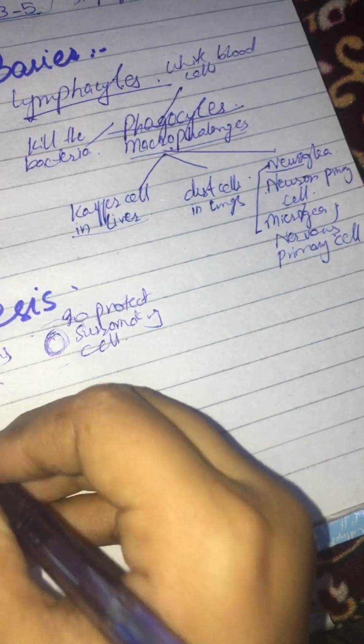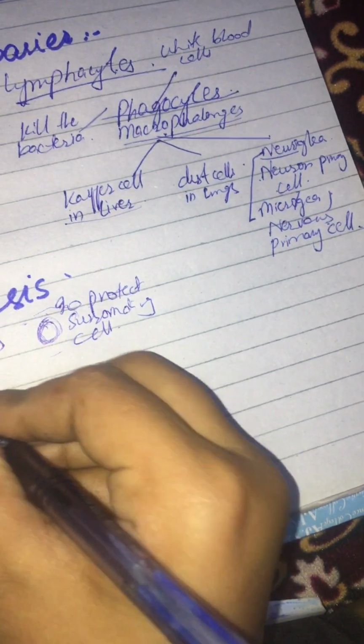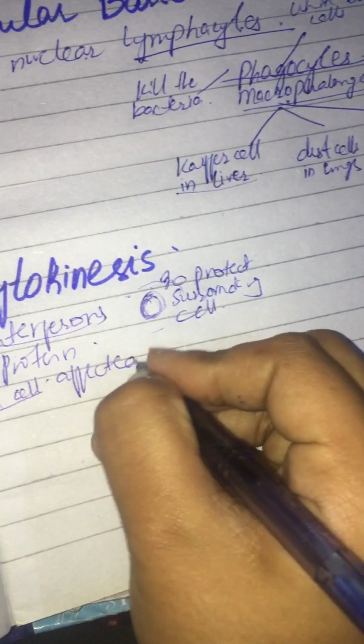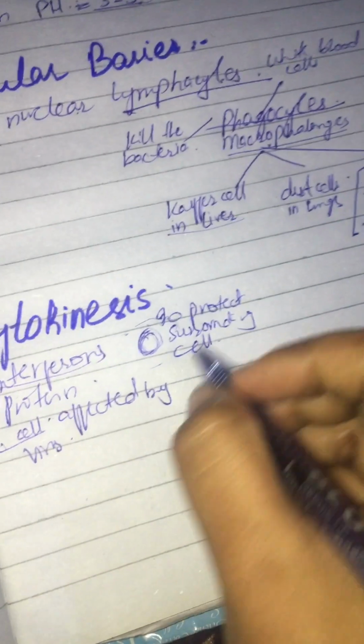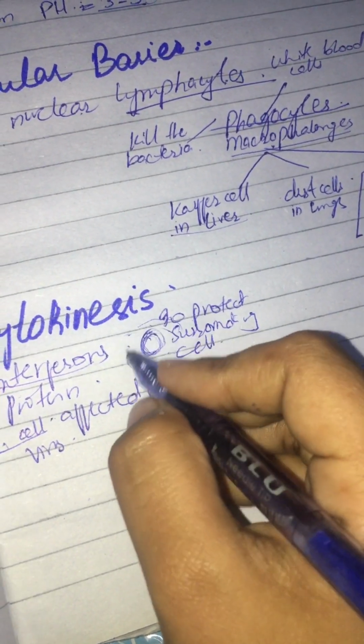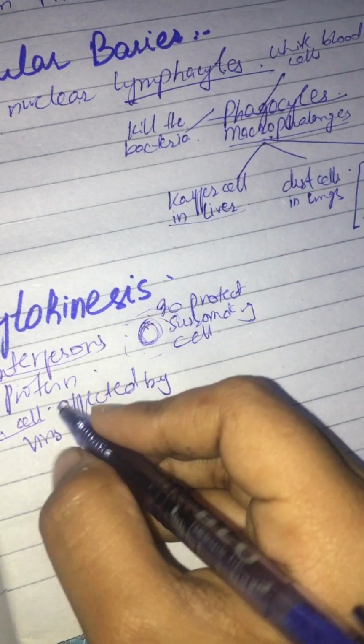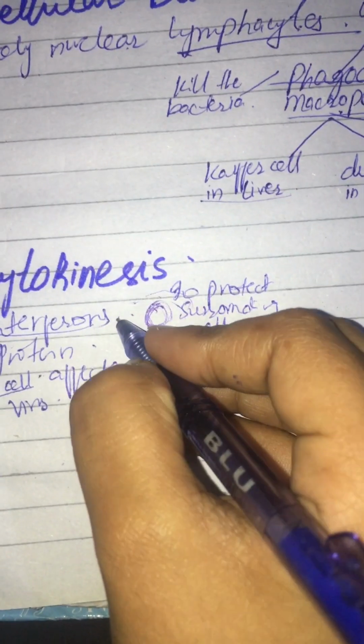Where cells got affected by any virus or any bacteria, these get secreted by the affected cells to protect the surrounding cells.